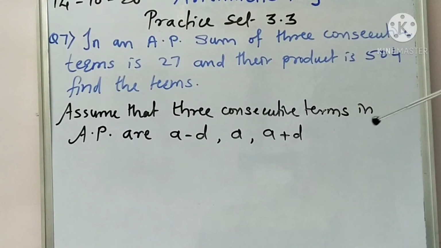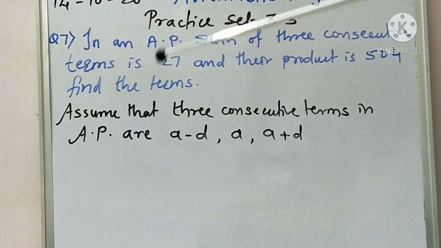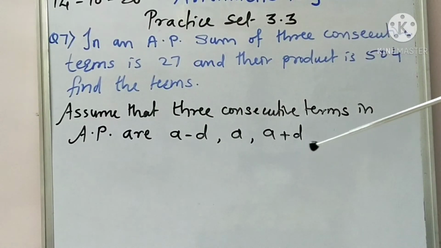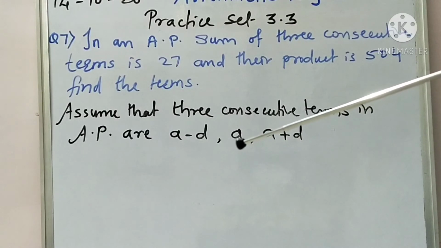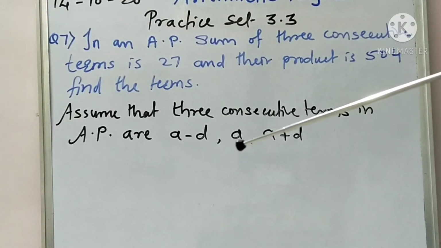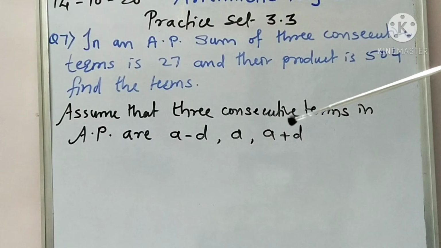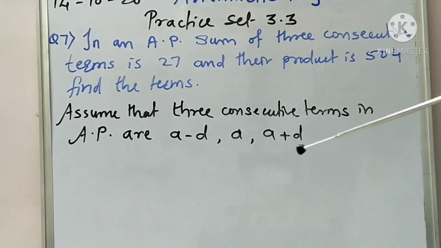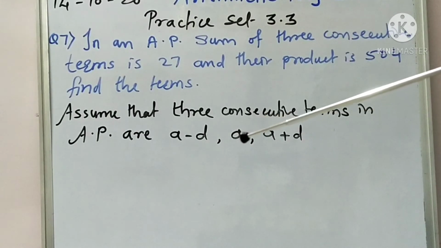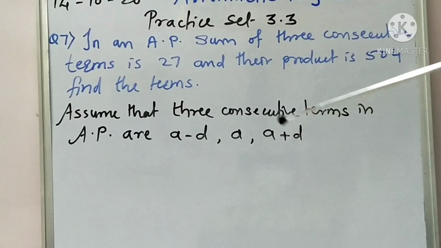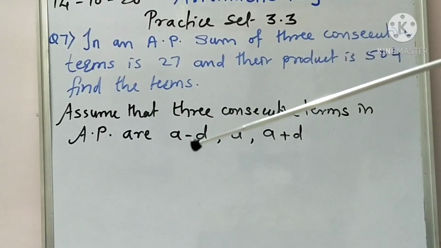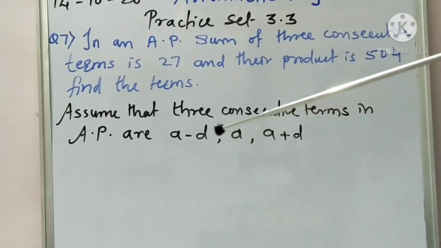Here, three consecutive terms means that one term we consider as a, then for the next consecutive term we have to add the common difference d to a. So a plus d is the next consecutive term.